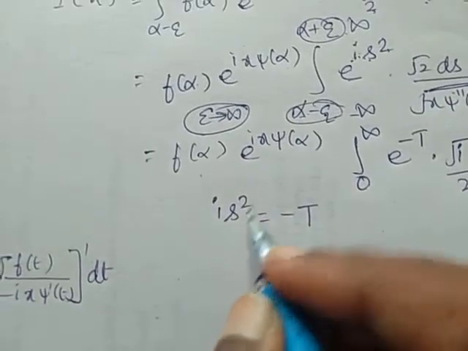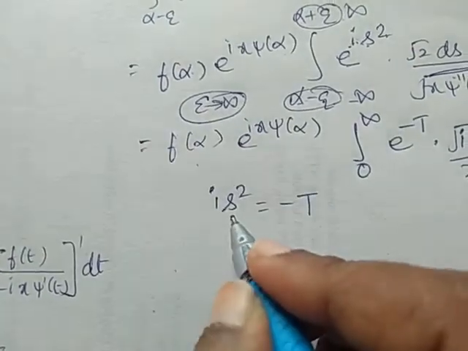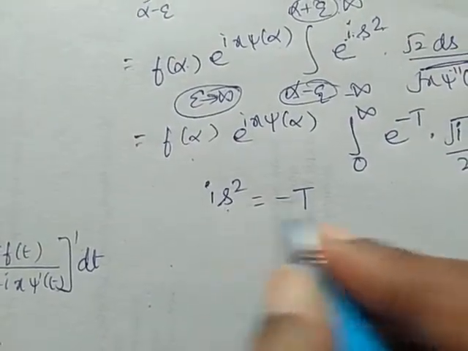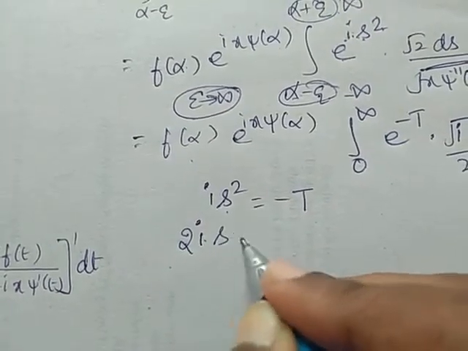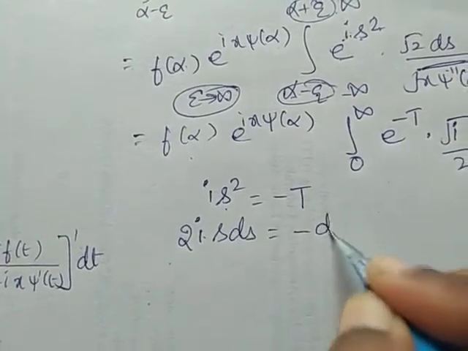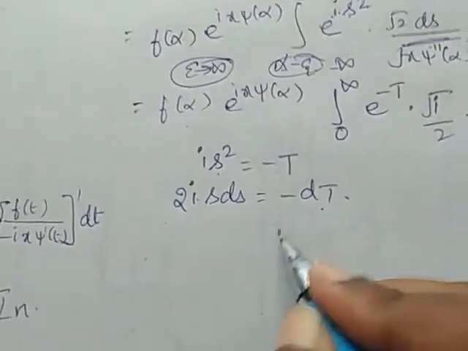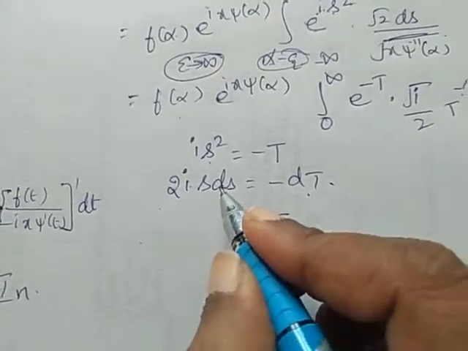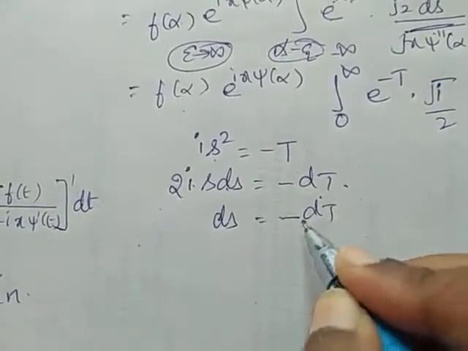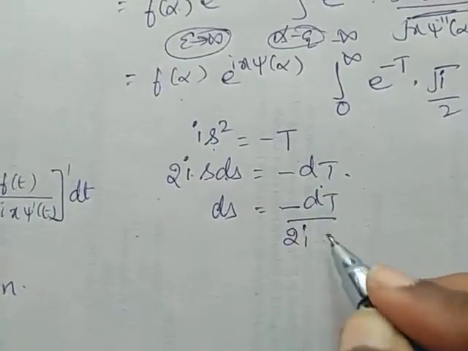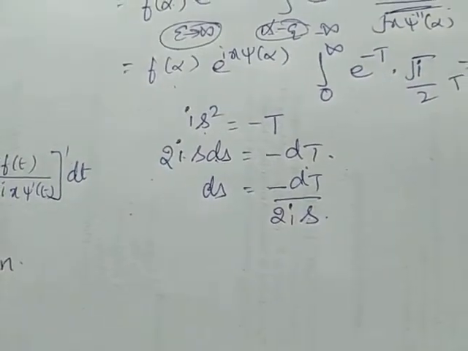So what is the value of s? When I differentiate this, 2i s ds is equal to minus dt. So what is ds? ds is minus dt by 2i s.